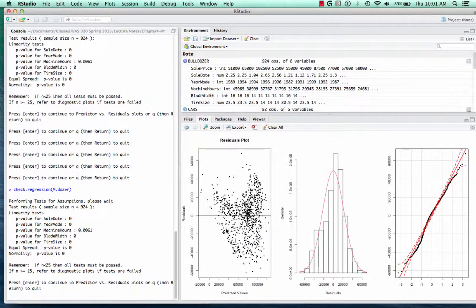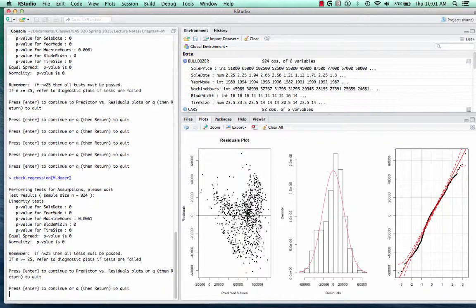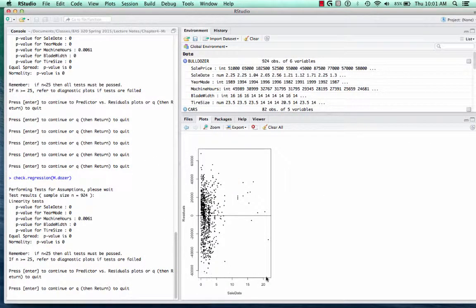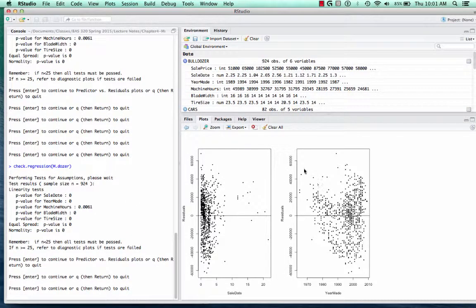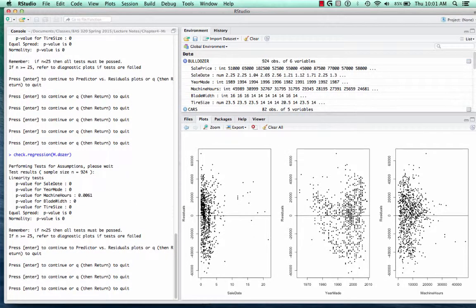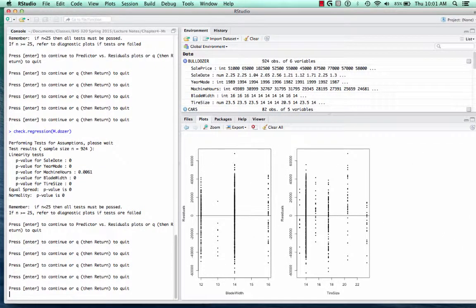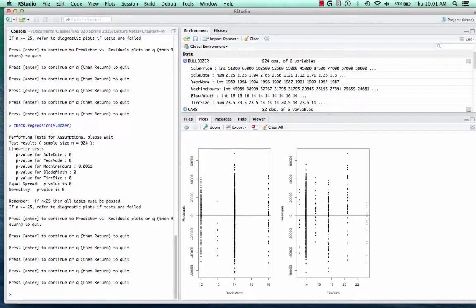I see some sort of curvature, which indicates there must be a nonlinear relationship going on between y and at least one of those predictors. So if I check the residuals versus predictor plots, the one with sale date looks fine, but the one with year made looks very curved. So there's a nonlinear relationship going on here, and that's a prime candidate for employing a polynomial transformation. The other residual versus predictor plots look just fine. I don't see any sort of curvature.